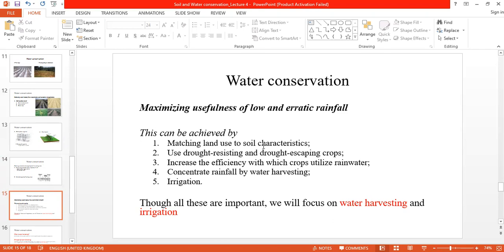So having looked at this, we can zero in on two of them: water harvesting and irrigation scheduling, or we can just say irrigation.